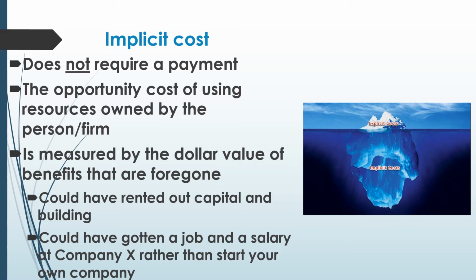So the idea is that if instead of, for example, using the building that you own for your small business, you could have rented out that building, or you could have rented out the machinery to somebody else. You could have gotten paid for the rent value of that machinery or of that building. And so that is an implicit cost to you, because instead of doing what you have chosen to do, you could have gotten other money. So you have this line here, it says it is measured by the dollar value of benefits that are foregone.